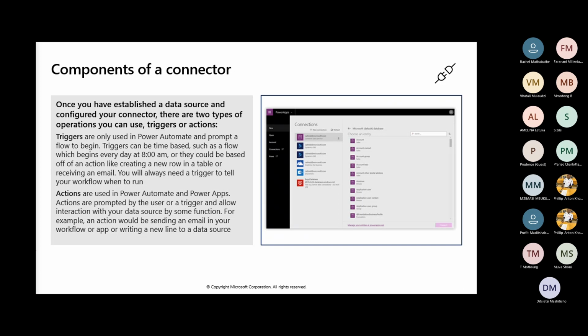Once you have clicked that, not only is it a trigger to your flow, but it's an action to save that information in your database. So Power Automate either can be triggered once you click the button, or it can be triggered once the data has been stored in the database. It depends on the scenario, or it depends on your preference.